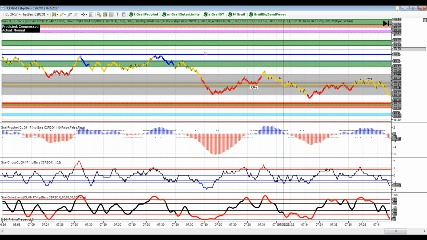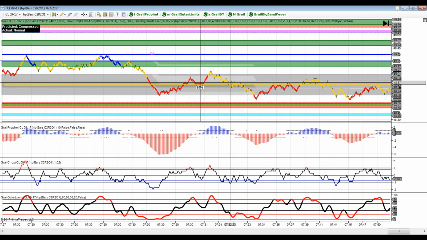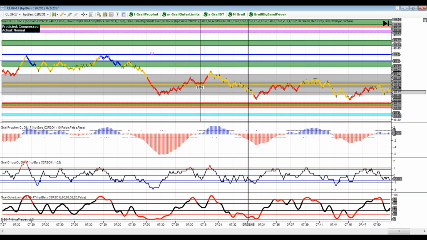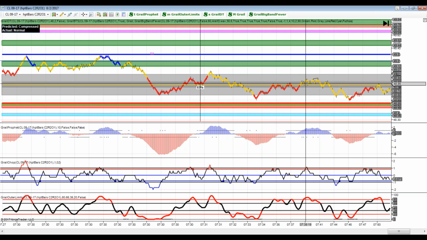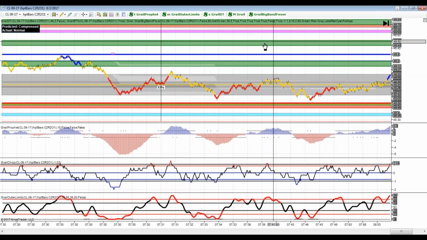What did we do? Well, as we came down, you got your short entry through the gray area and closing up. All through here, it's still short, trying to hold. Eventually it flipped to long and then back down to short. And that was all in this time span of about 10 minutes after the report.